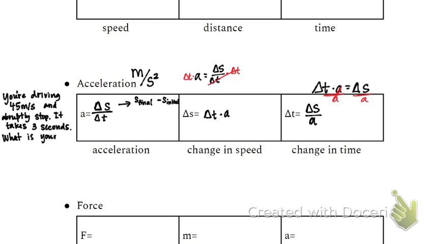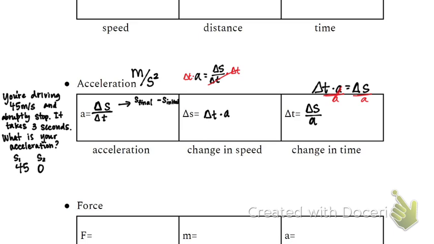What are you going to do? Okay, you're missing one thing. Yes, we were going 45. That's our first speed. Then what did we get to? 0.